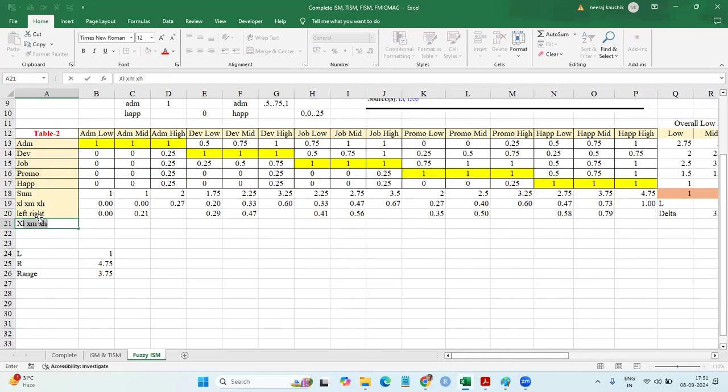Next is to find out the XC. How to find out the XC? The formula, in 2 steps, is left into 1 minus left plus right into right, and this complete divided by 1 plus left minus right. Let me cross check.